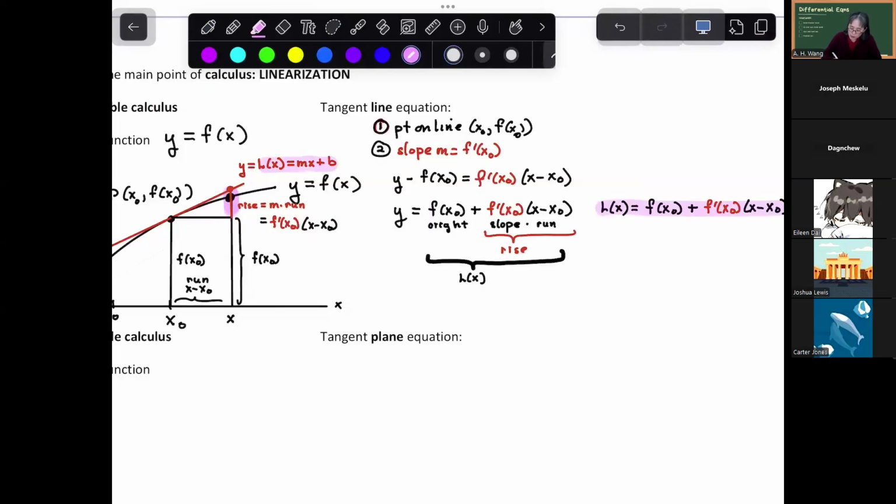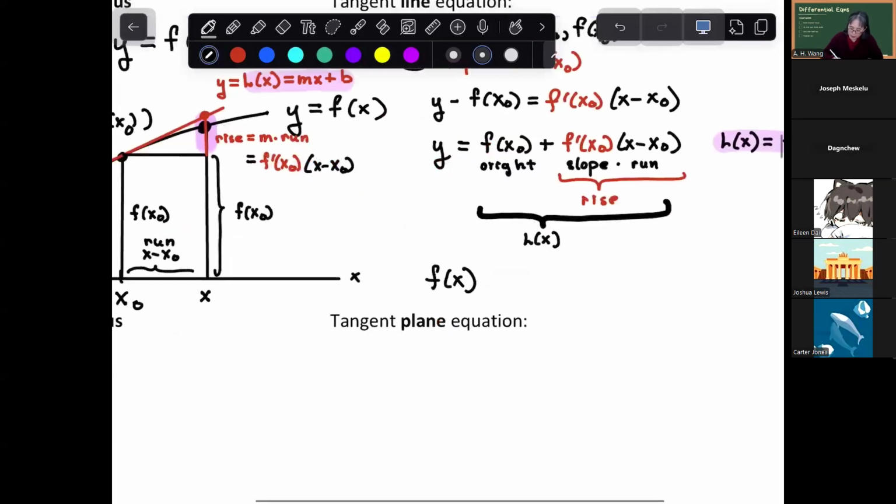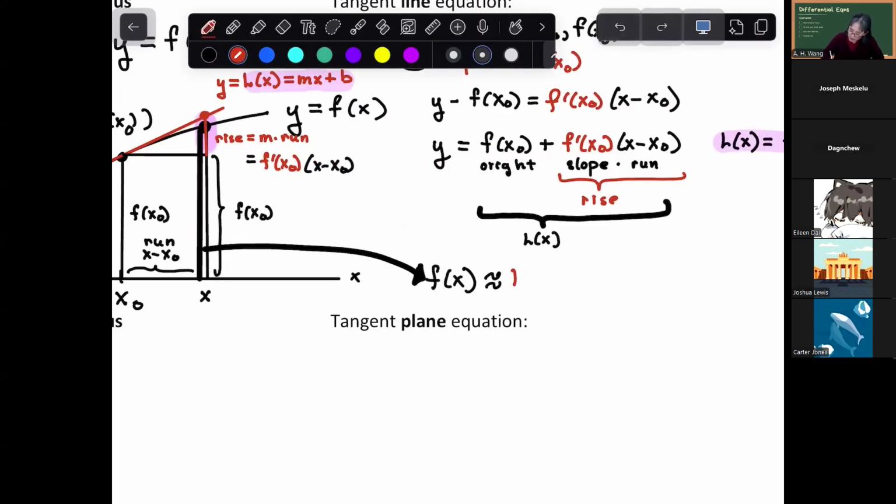Okay, so then what you're going to do is you're going to say, okay, the original height, the actual f of x, this is the actual right here. That's him. That is approximated by the easy, right? The hard is approximated by the easy.